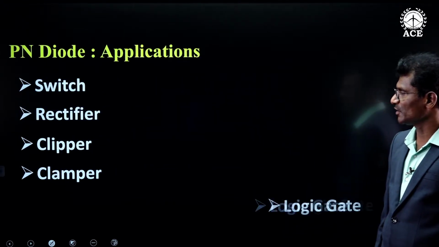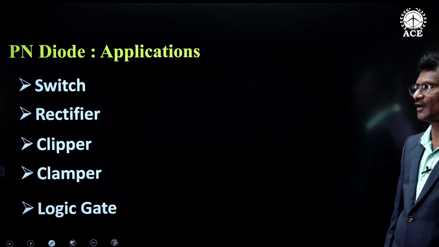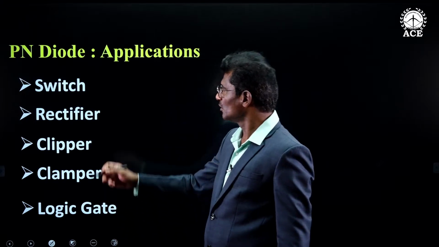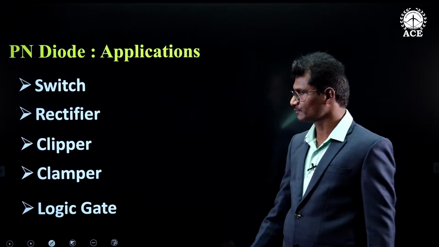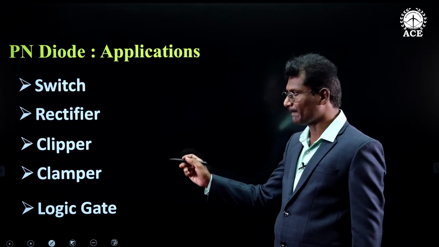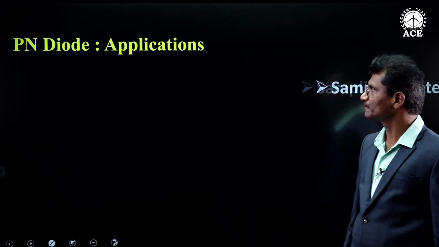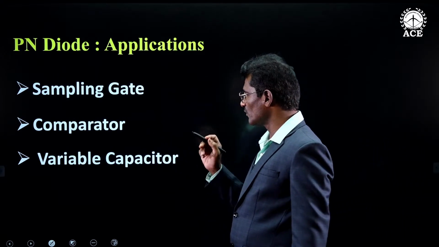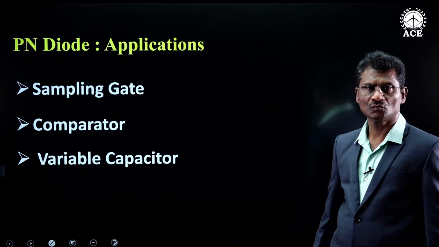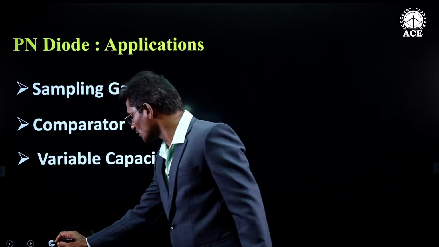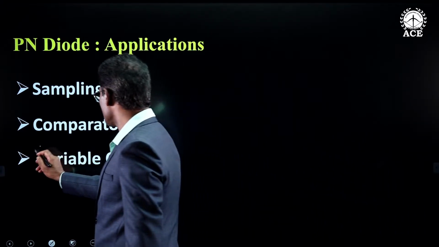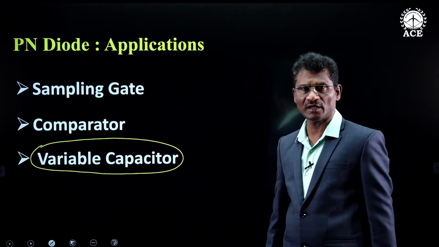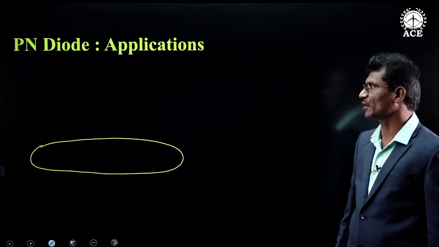Now, let us see the different applications of a PN diode. It can be used as switch, just now explained. It can be used as rectifier, clipper, clamper, logic gate, sampling gate, comparator, and variable capacitor. Remember that in all these applications, except the last one, PN diode is being used as switch only.